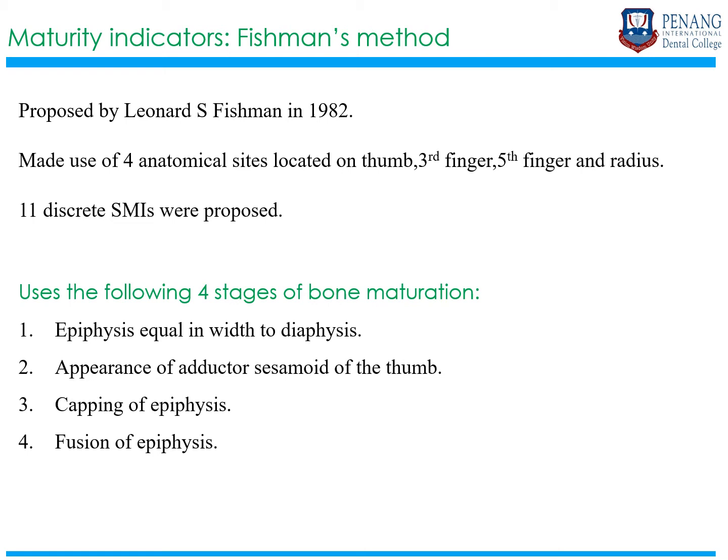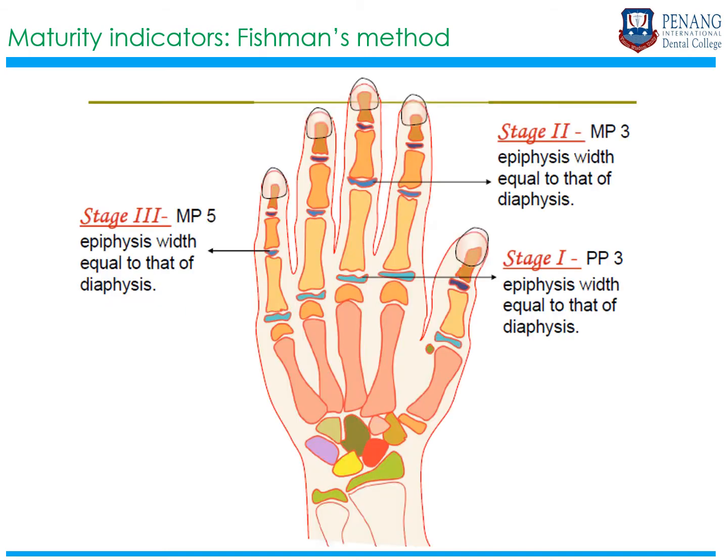This method uses four stages of bone maturation. The first is the epiphysis equal in width to diaphysis, the second is the appearance of adductor sesamoid of the thumb, third is capping of epiphysis, and the fourth one is the fusion of epiphysis. So here you can see stage 1, stage 2, and stage 3.